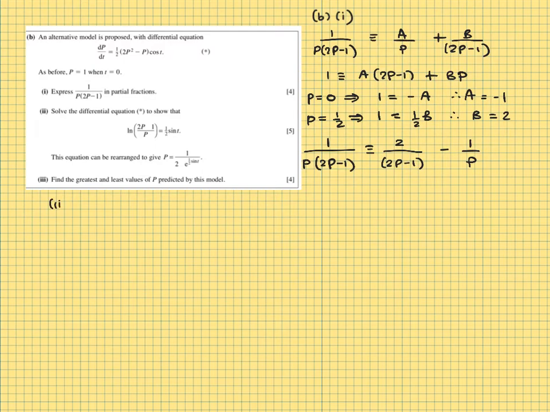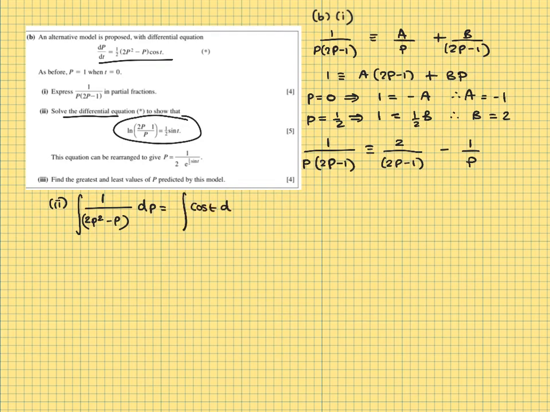Now, part 2, solve the differential equation up here to show that we get this result here. So, separating the variables, we clearly have 1 over 2p squared minus p dp equals the integral of cos t dt, and I'm going to keep the half on the right hand side. So I've separated my variables.